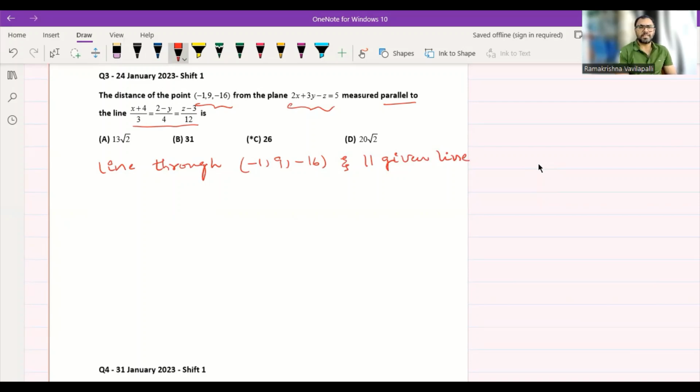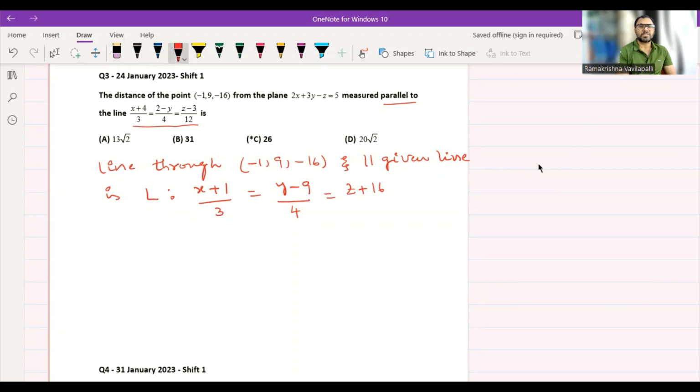So here is (x plus 1) by, what are the DRs of the given line? 3, 4, 12. So by 3 equal to (y minus 9) by 4 equal to (z plus 16) by, just a minute, here the given line is not in standard form.